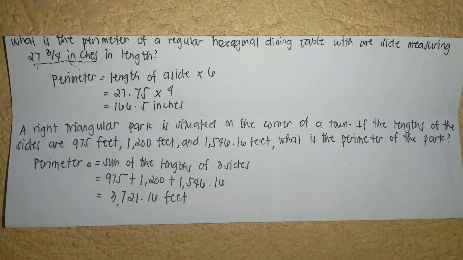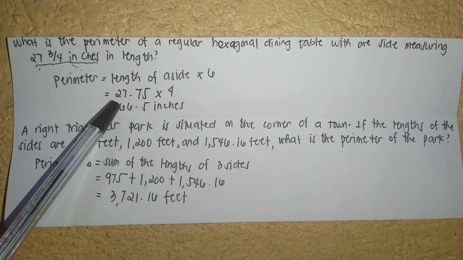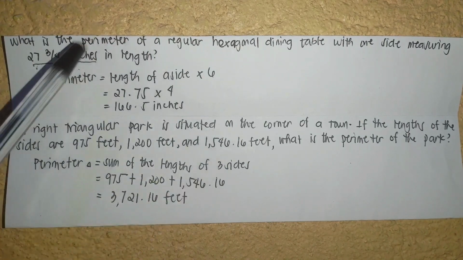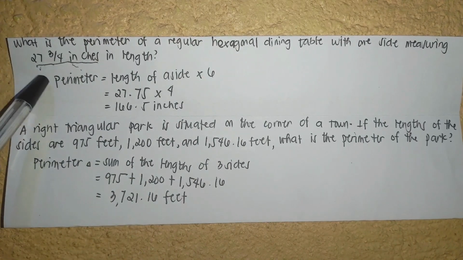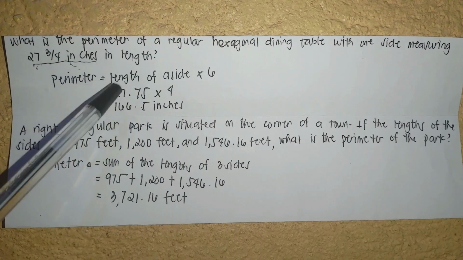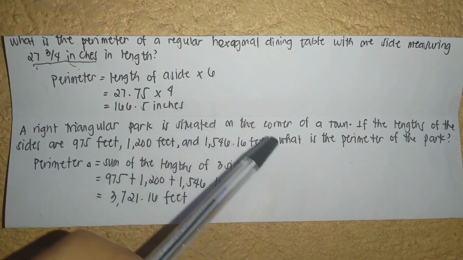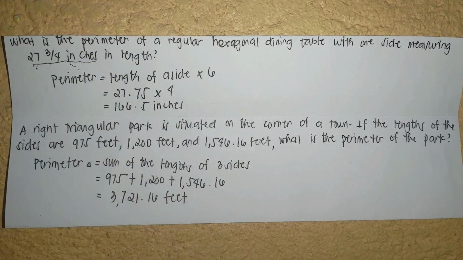Since the hexagon has the same measurement on every side, all we're going to do is take the length of the side, which is 27 and 3/4 inches, times 6, since a hexagon has 6 sides.